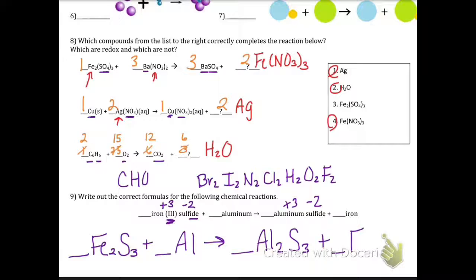Then we have an iron. Iron is not part of Brinclhof, so we can leave it all by itself. Now, if we were to balance this reaction, I need a 2 here and a 3 here. Oh, whoops, not a 3. I need a 2 here, and then it would be balanced.